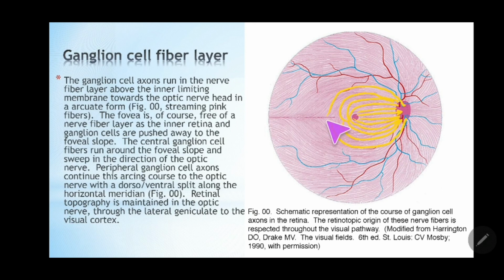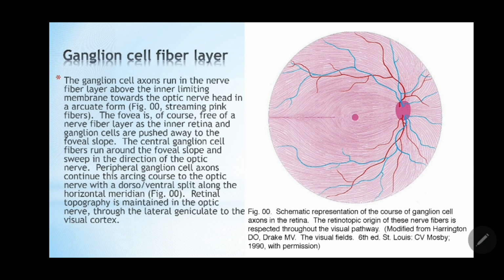This is the actual way these fibers emerge out of the optic nerve, so that the peripheral fibers become peripheral and the macular fibers stay in the center. This is how the peripheral fibers reach towards the periphery, and the macular fibers directly pass into the center like this. So that was my explanation regarding this.